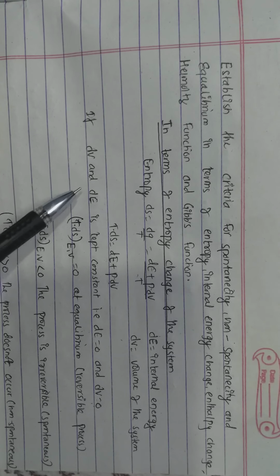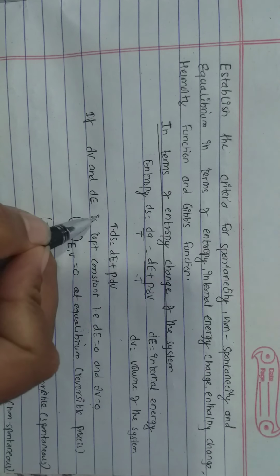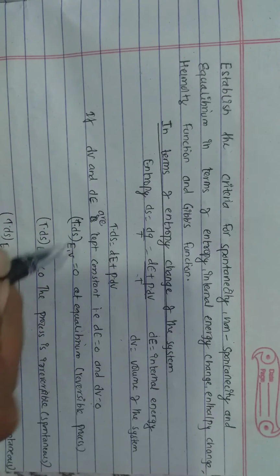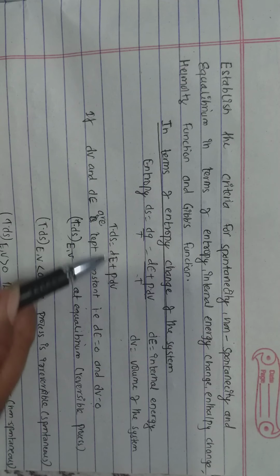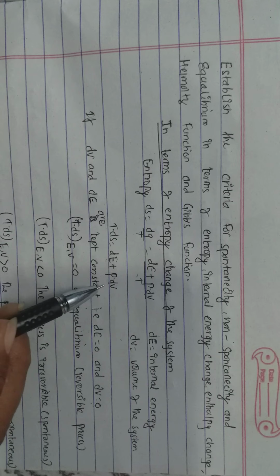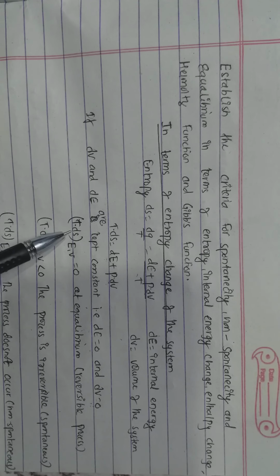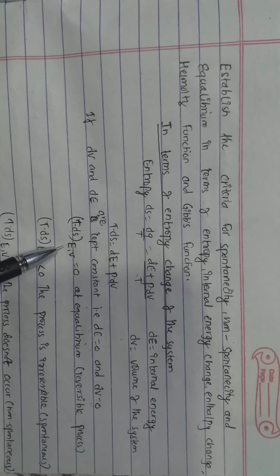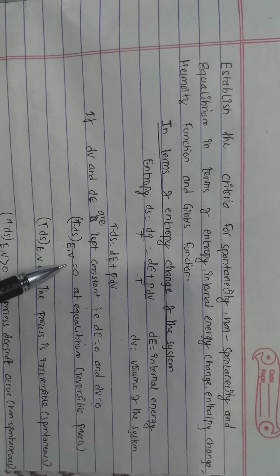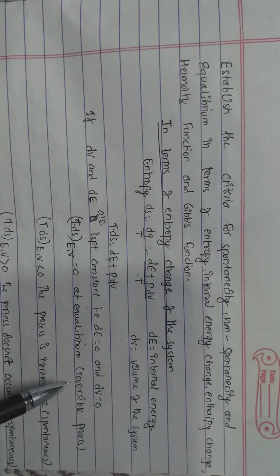If dE and dV are kept constant, that is, when you keep them constant, the derivative of dE is 0 and the derivative of dV is equal to 0. Then T dS, keeping internal energy and volume constant, is equal to 0, and this is the equilibrium condition and the process is reversible.